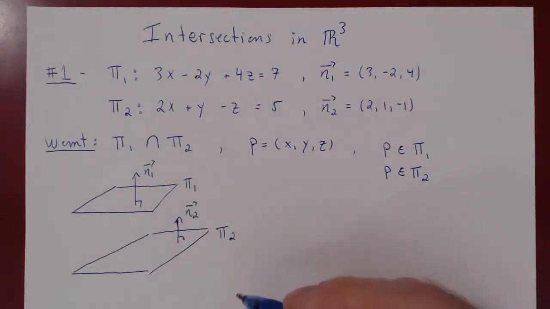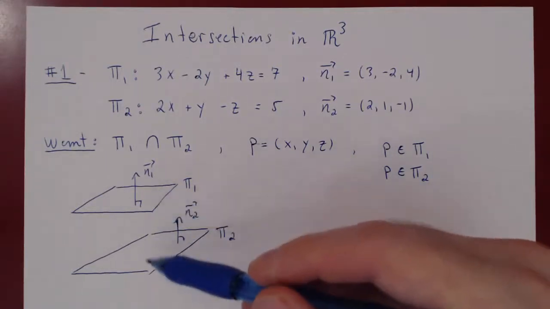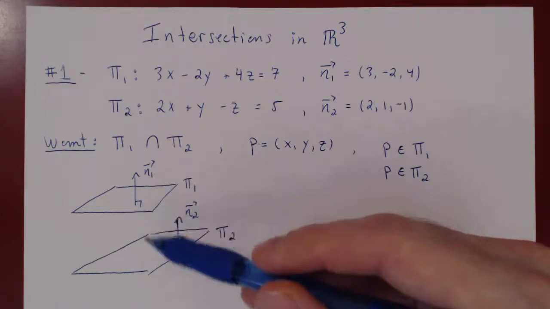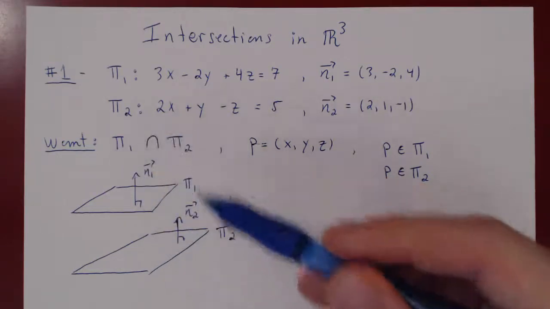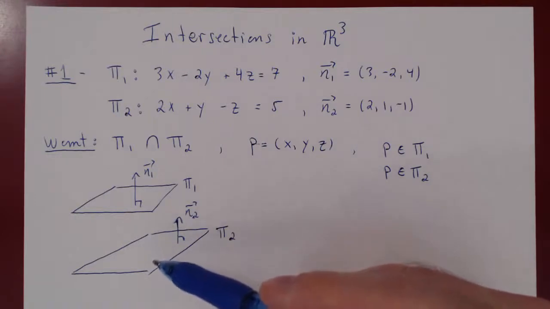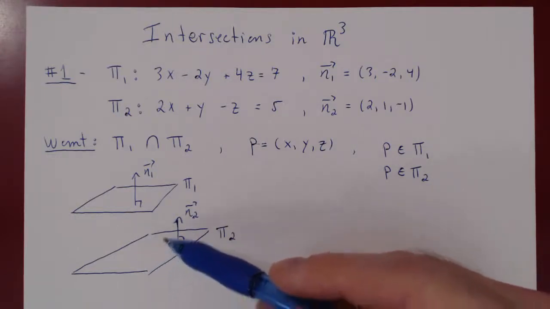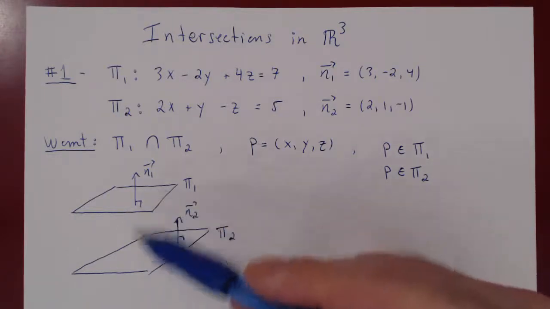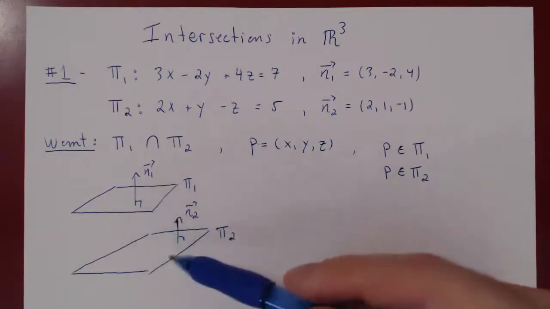And of course, if the planes are parallel, there are only two possibilities, right? If the planes are parallel and distinct, they will never intersect, so here we'll get no solution. They could be parallel but the same plane, therefore every point on the plane is a point of the intersection, and we'd have an infinite number of solutions, and that's it.